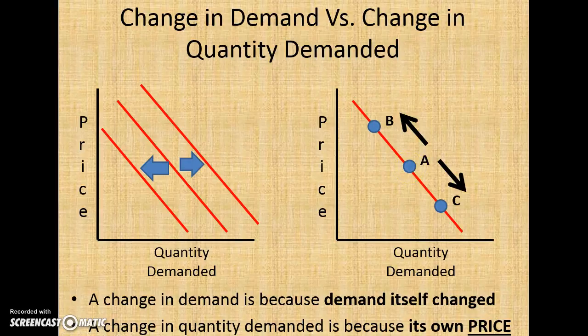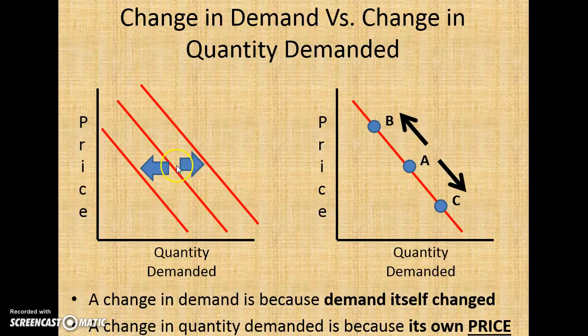Change in price, or change in quantity demanded, is an effect of price. And so if we go from price A to price B, there is a decrease in quantity demanded. Okay? If we go from price B to price C, there is an increase in quantity demanded. So if I go from price C to price A, there is an increase in quantity demanded.